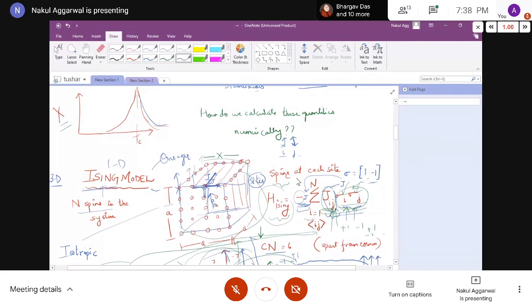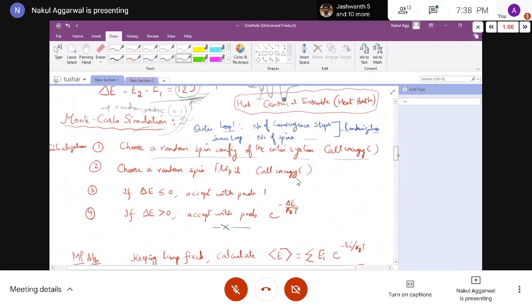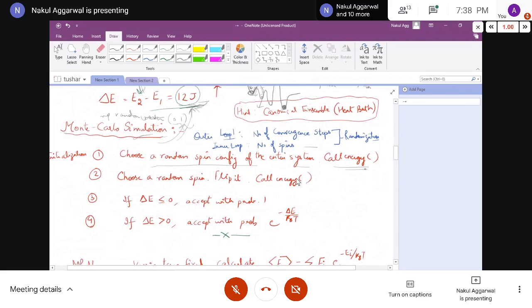So for every i, consider all the neighbors. When you expand the summation out, even for 5 spins along each direction, a total of 125 spins, it is going to have a lot of terms. So once you assign a random configuration, calculate the energy of the system.